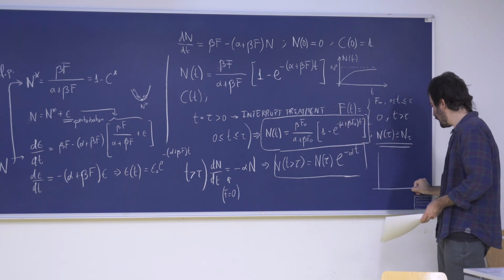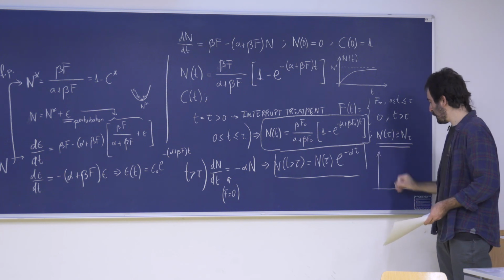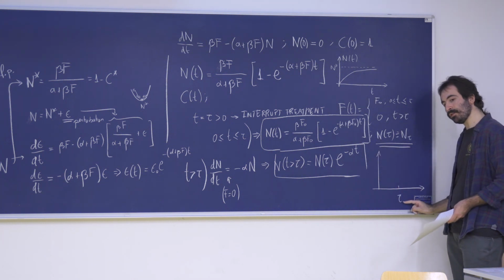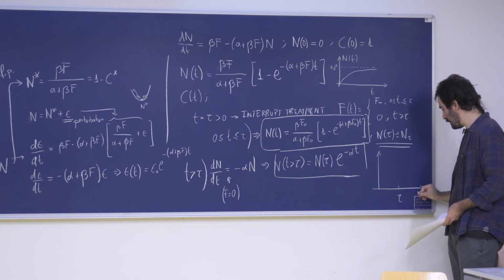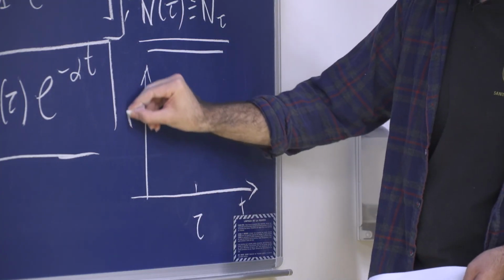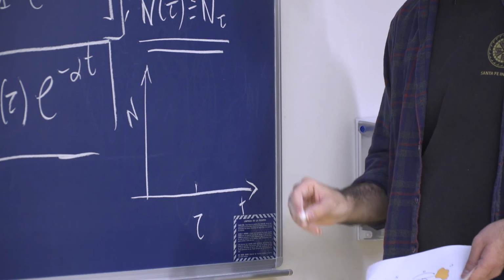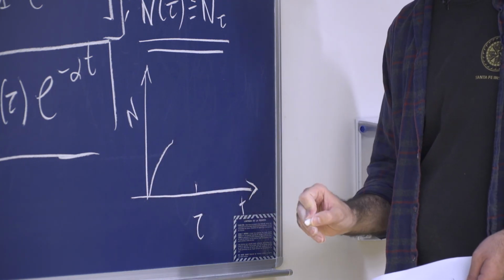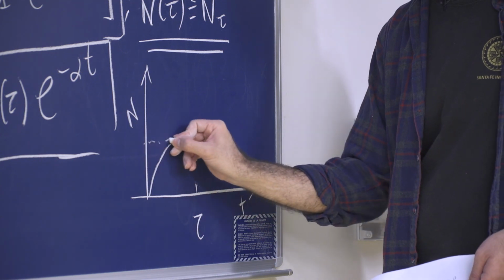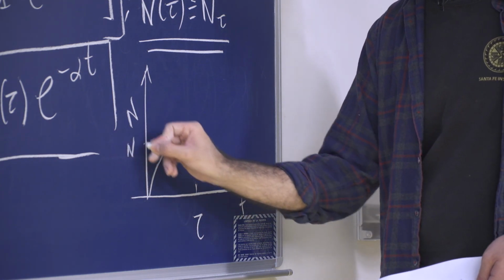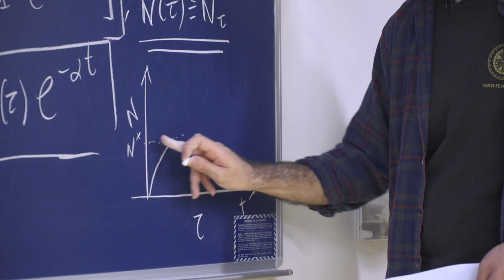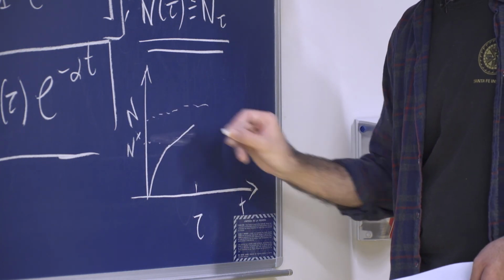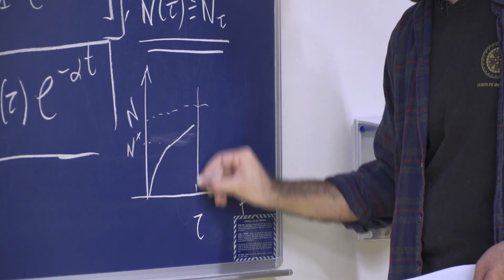And schematically, this shall look like something as follows. So here, we will consider that we are interrupting the treatment at time tau. This is time t. This is the total number of healthy cells. We have said that this begins like this, and it wants to saturate at n star, but it never reaches it. Let's actually do it a little bit better. Before reaching n star, the treatment is interrupted.